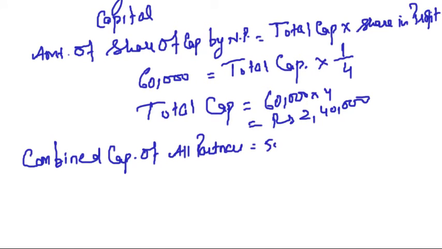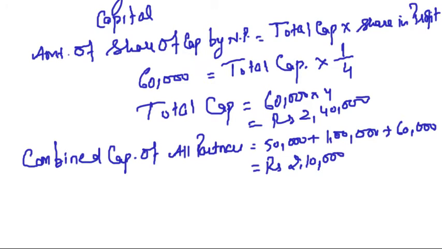This comes to 50,000 plus 1 lakh plus 60,000, which is rupees 2,10,000. As per the share brought in by the new partner, the total capital of the firm should be 2,40,000. But actually the total capital is 2,10,000. That means this 30,000 difference extra brought in by the new partner is premium for goodwill.